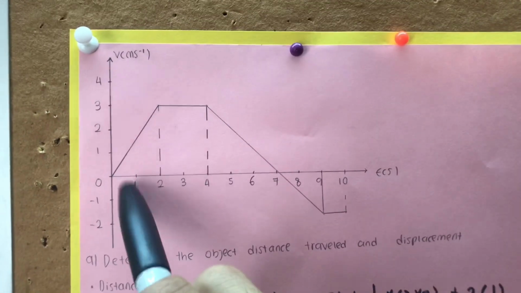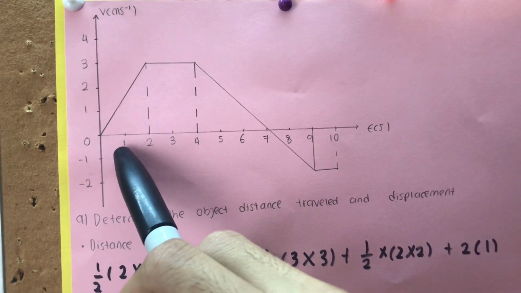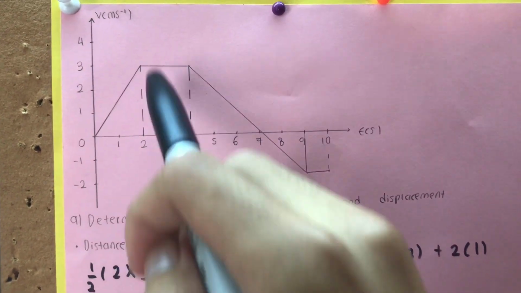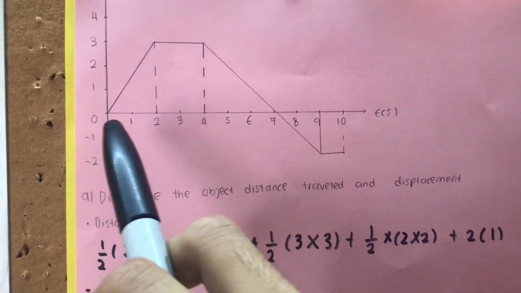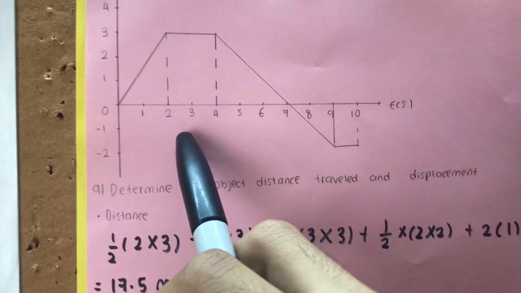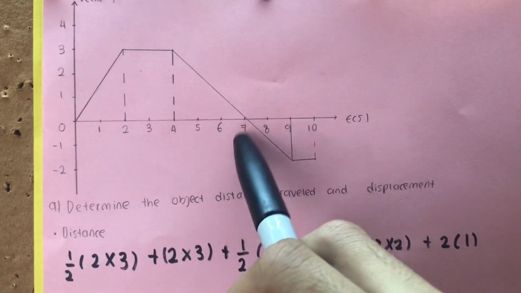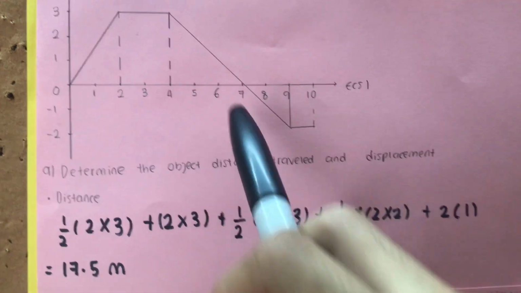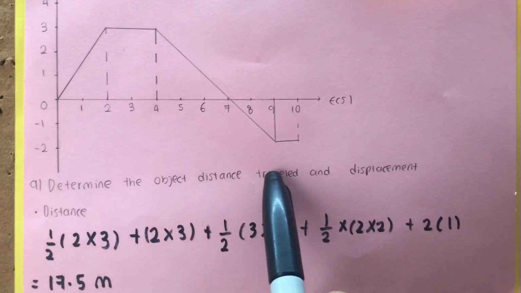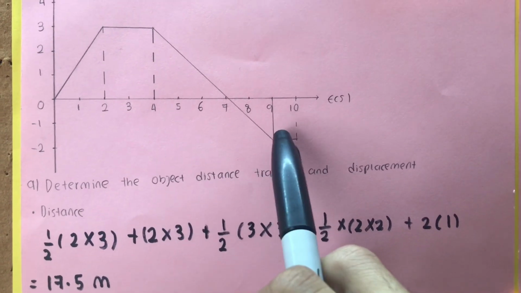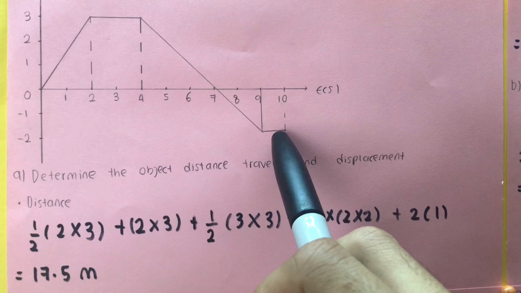So for 2 seconds it is half times 2 and 3, and for this 2 times 3, and for this one 1/2 times 3 and 3, and for this 1/2 times 2 and 2, and for this 2 times 1.